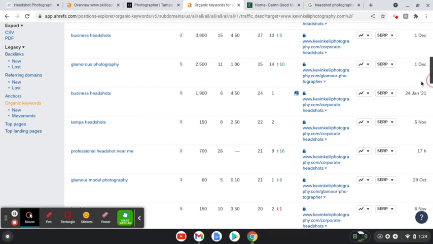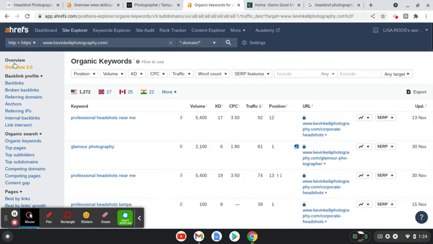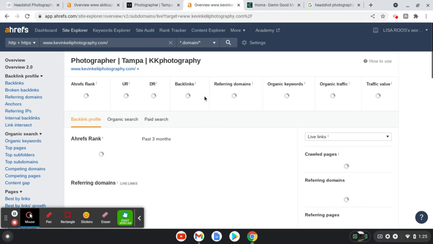So to keep this all in mind, Tampa headshots is being searched 150 times, keyword difficulty of 8. But we would go for some of these lower keywords, get you ranking for those, get some power to you from these backlinks. I'll hop into their backlinks here in a second so you can see what a backlink is.